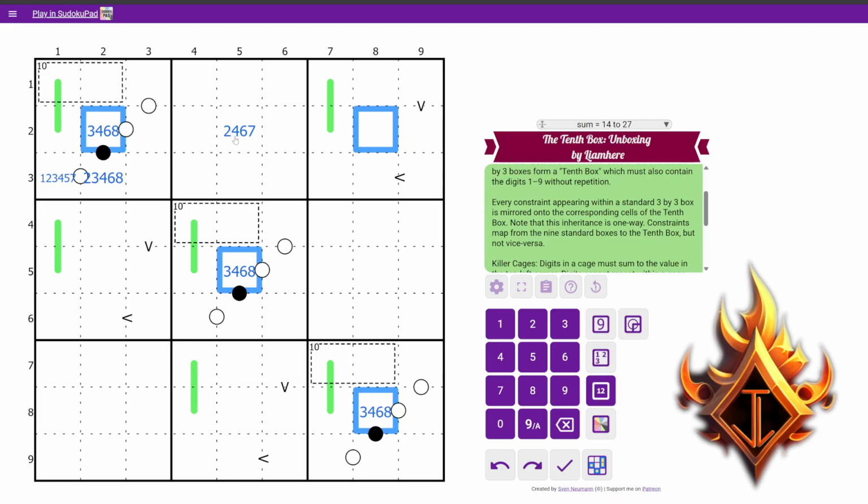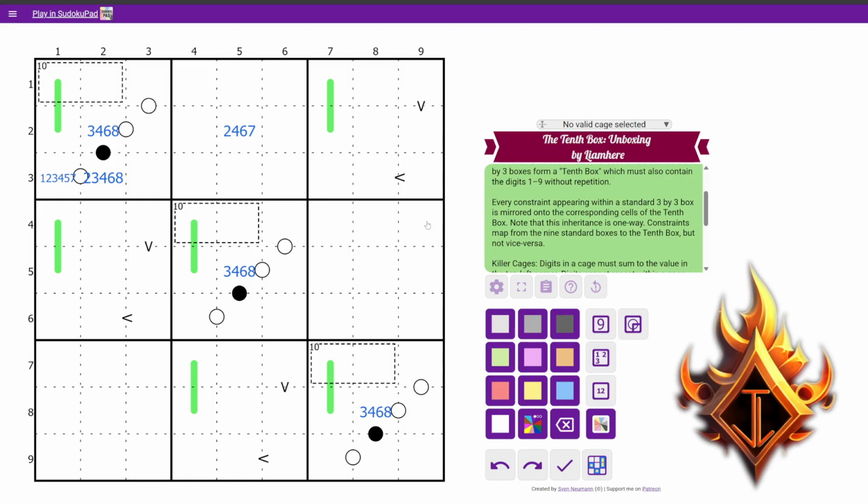But then that one would be, since this would be 2, 4, 6, 8, that would be 2, 4, 6. So one of those are odd.